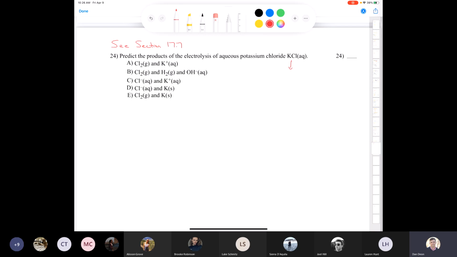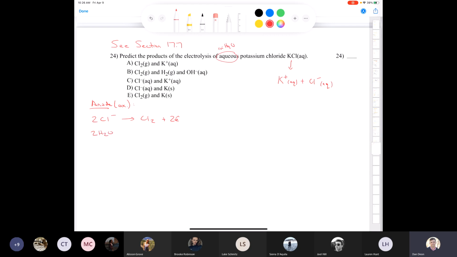We have aqueous potassium chloride, which is going to give us potassium ions plus chloride ions. Okay, it's pretty obvious that the chloride ions are the ones that are going to undergo oxidation, right? Because they already have a negative charge. So at the anode, we can have oxidation. This is oxidation of the chloride ion, or since it's an aqueous solution, we're in water, the water could also undergo oxidation.